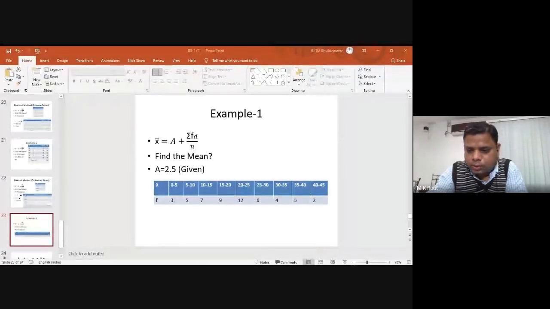What about others? Still solving? Okay, fine. 21.27 correct answer. Only 3 from your side, out of 59 students, only 3 solved.